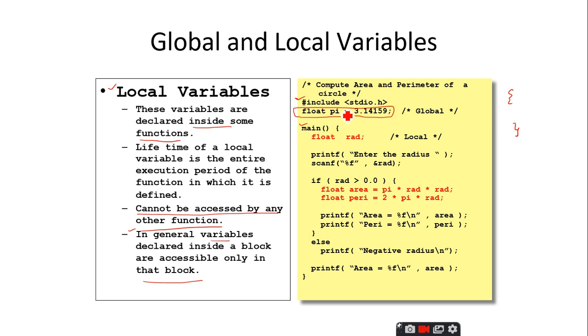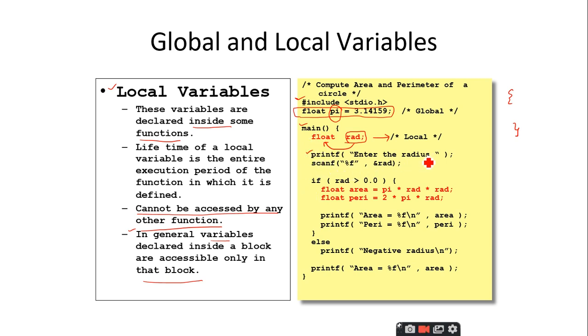I am declaring pi as a variable of type float, and assigning it some value, 3.14159. And within main, I am declaring a variable called rad, which is of type float. Since rad has been declared inside main, this is a local variable to main.